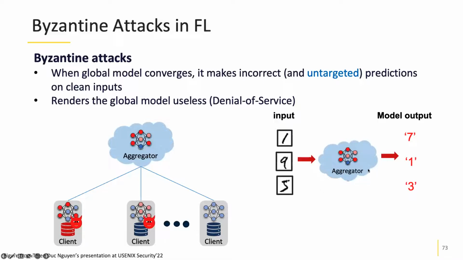For example, a global model after Byzantine attacks will probably produce a class of 7 given an input image of 1. It will produce a class of 1 given the input of 9. And this basically means that the usability of the global model is greatly reduced, and it can be considered as a type of denial of service in the context of federated learning.